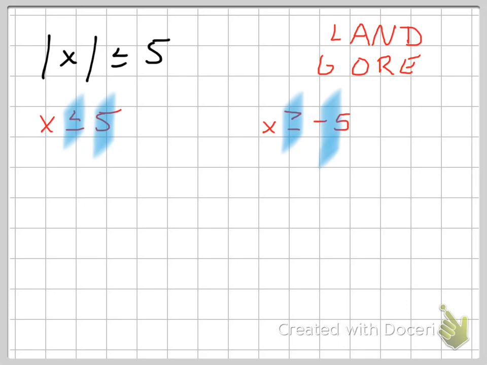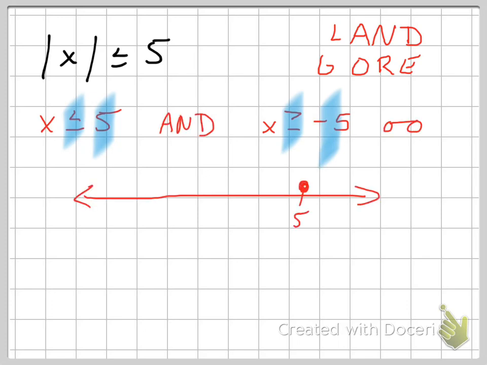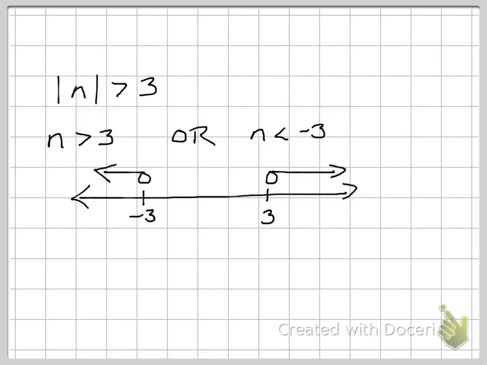And since we only have one variable in the absolute value, we don't even have to solve anything. We're done. So when we graph these, there is our graph. Less than or equal to 5, greater than or equal to negative 5. Those are the numbers under that line that are true in the inequality.